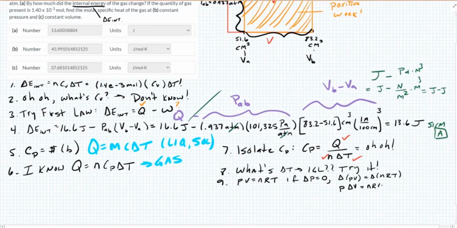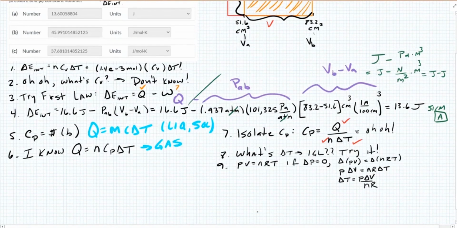So this is basically just differentiating the ideal gas law knowing what's constant. So there's my answer. I have delta T equals P delta V all over NR.